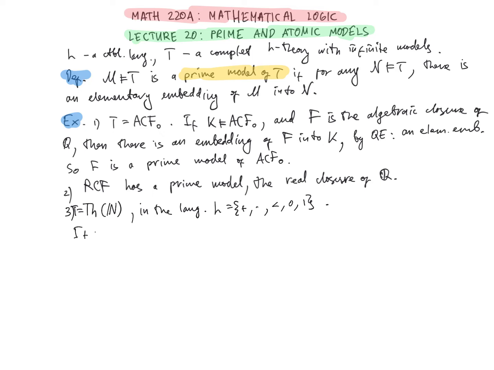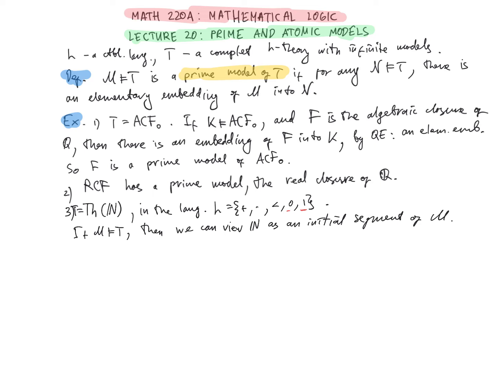Now, if M is a model of T, then we can view the actual natural numbers N as an initial segment of M, namely because we have the constant symbols 0 and 1.